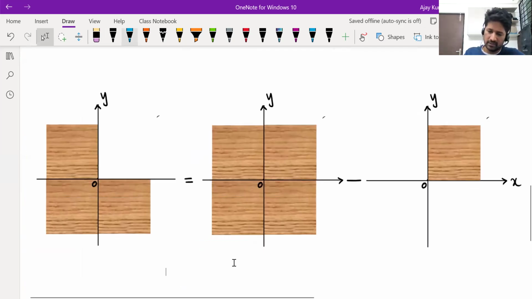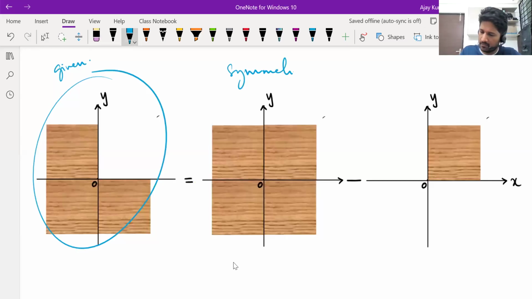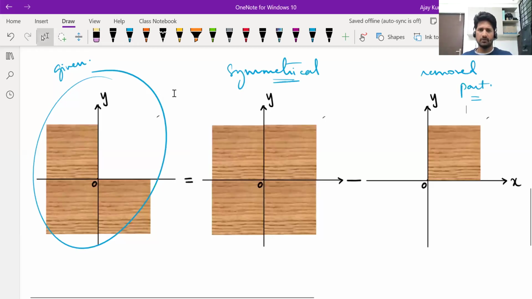See, this is the given system. The given system seems to be a symmetrical system from which some part has been removed. This is the removed part. Such situations are quite common. From a regularly shaped system, from a symmetrically shaped system, some part will be removed.